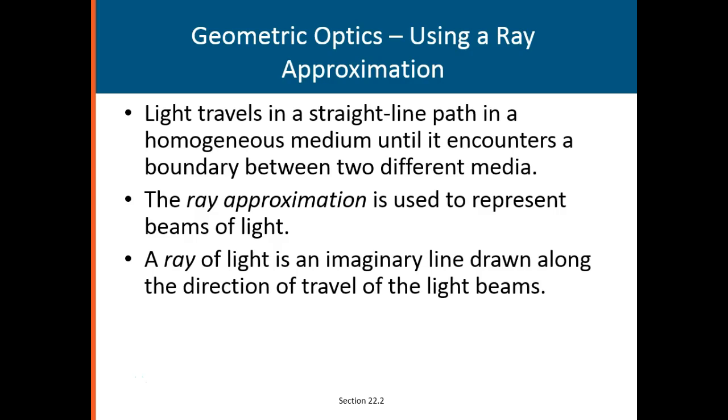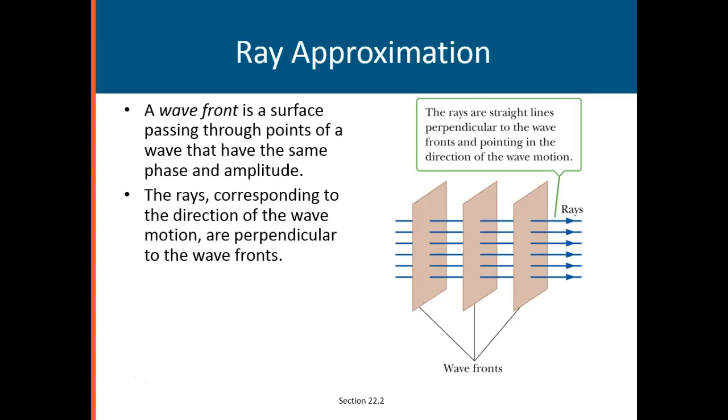Now, the ray approximation is used to represent beams of light, assuming that light is traveling as a beam. A ray of light is an imaginary line drawn along the direction that the light beam travels. That's your ray.